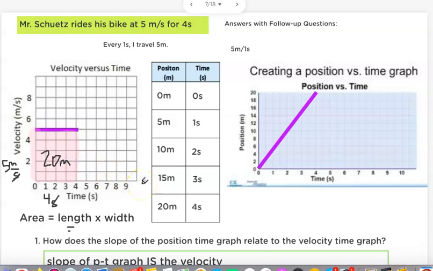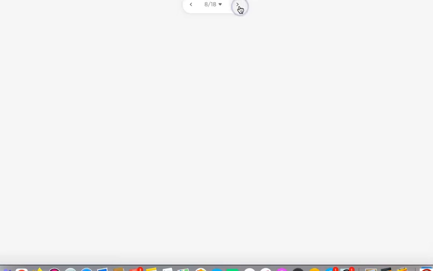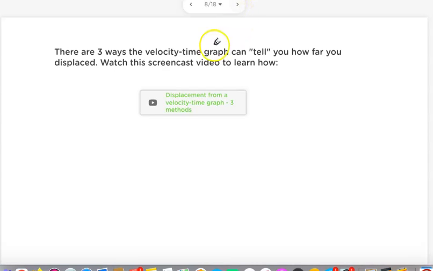Well, hey, wait a minute. 20 meters. 20 meters. So the area of the shape between the function and the time axis gives us the displacement. That's pretty snazzy. All right, so here's what you're going to do. You are going to watch this 7-minute video that reinforces that area idea that I just talked about.